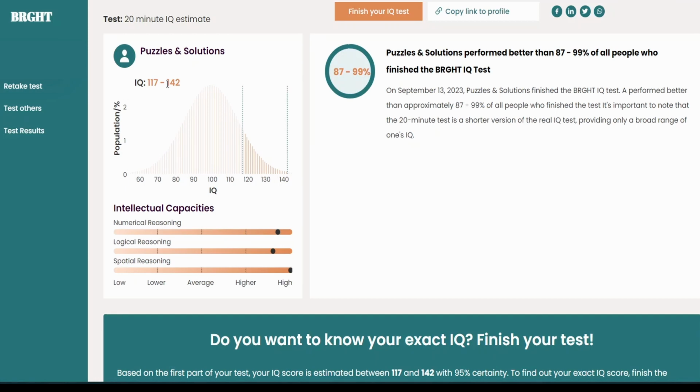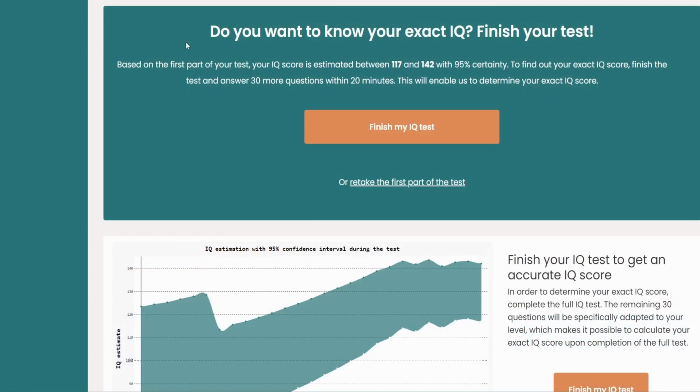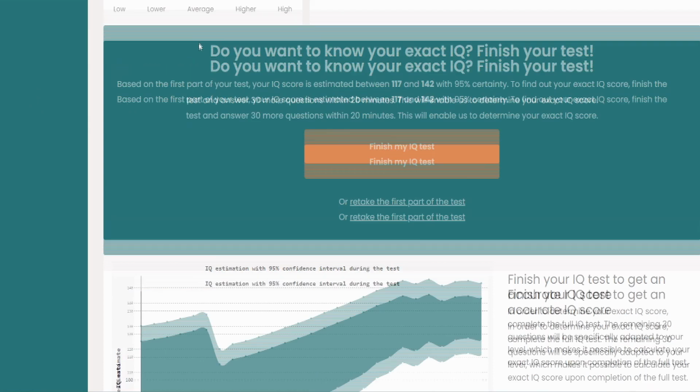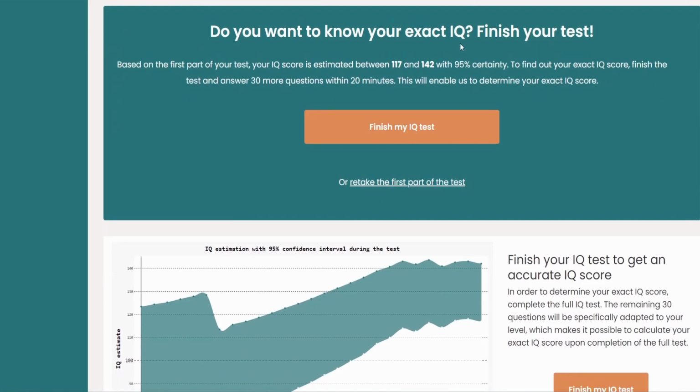So here is my final score. I got a range from 117 to 142. It seems like my numerical reasoning, logical reasoning, and spatial reasoning were all high. And it says I performed better than 87 to 99% of all people who finished the BRGHT IQ test. And further down on the page, it says, do you want to know your exact IQ?